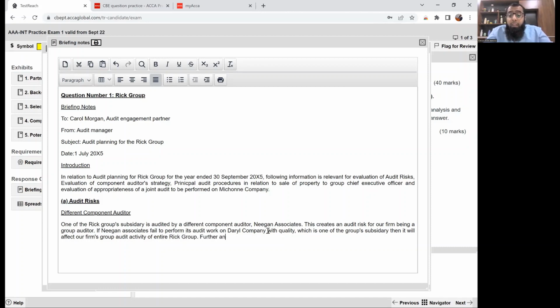Further, any delays caused by Negan Associates in component audit work will also affect the group audit deadline.